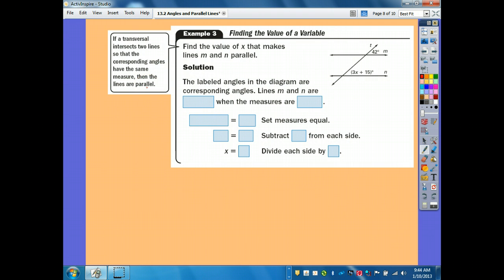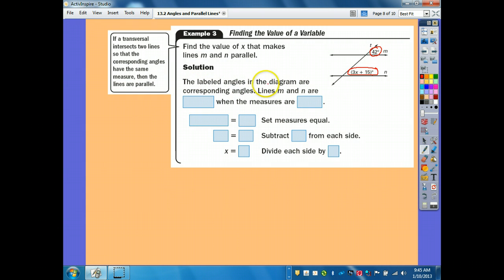Well, what do I know about this diagram? What do I know about this and this? What do I know about those two measures? 42 degrees and 3x plus 15. They're equal? So let's see.